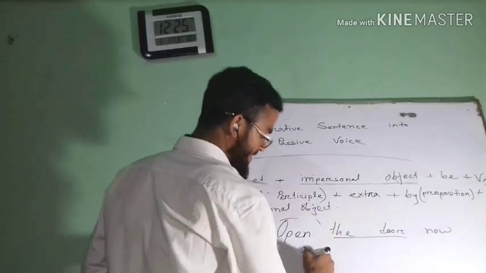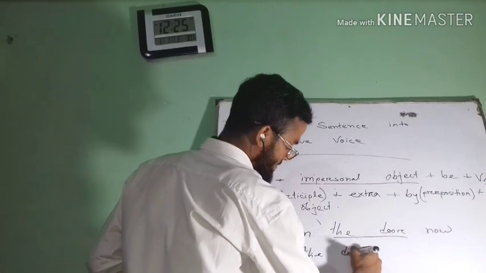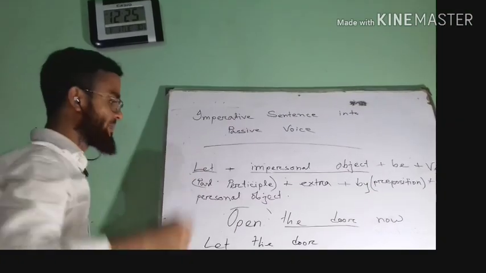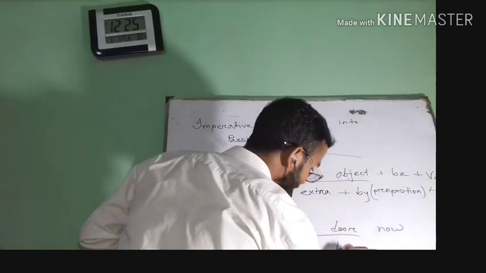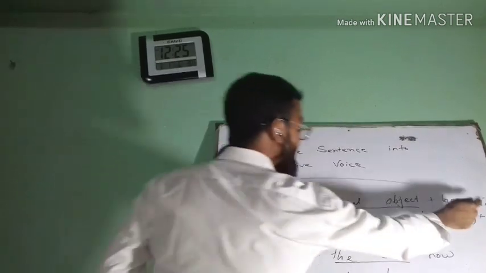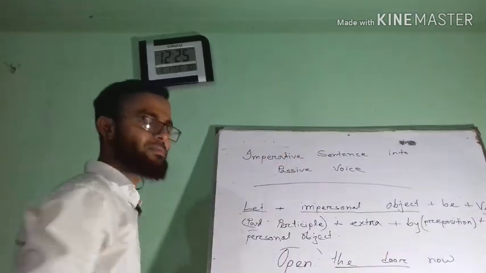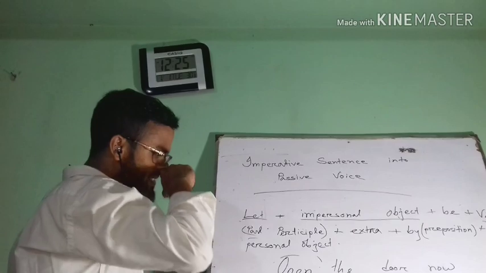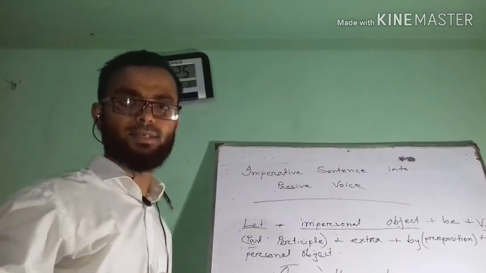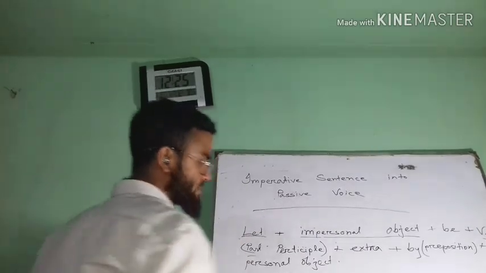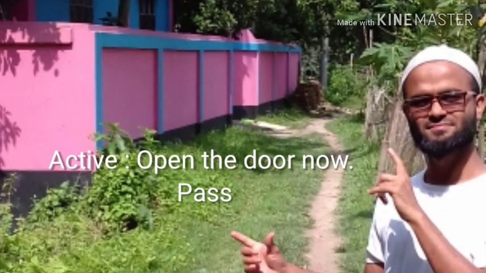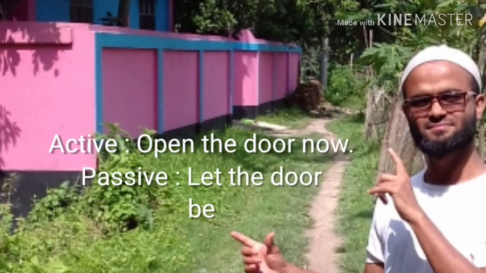Then we give be. After be we use verb 3, the past participle form. What is the past participle form of open? Open, opened, opened. So we use opened.